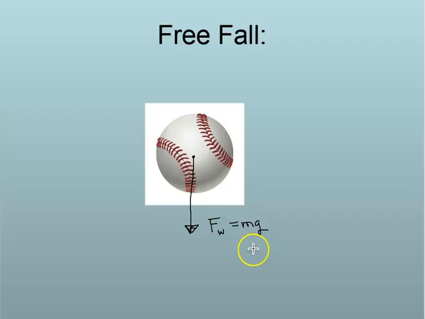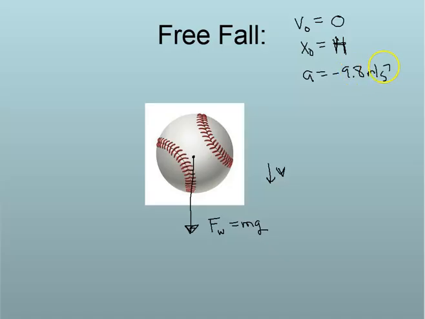So let's say that you dropped the object from rest from some initial height, some arbitrary height, let's call that capital H. So you know the velocity will eventually be down, and you know the acceleration is negative 9.8 and it is constant.